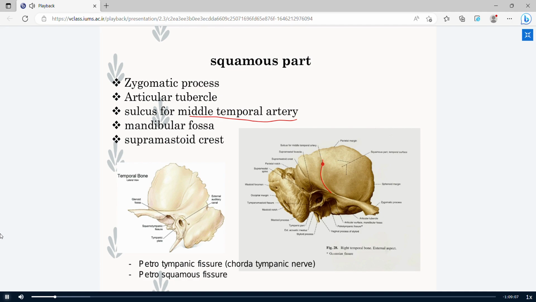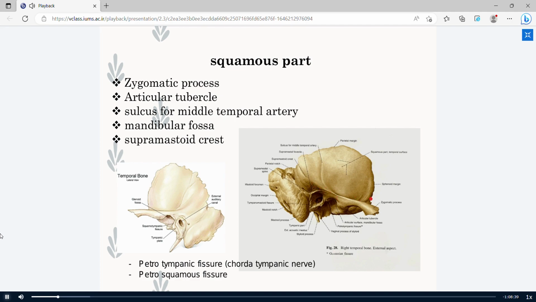This is the vertical sulcus for the middle temporal artery, and posterior to the sulcus, you can see a crest. The name of the crest is supramastoid crest, because this is the mastoid portion.